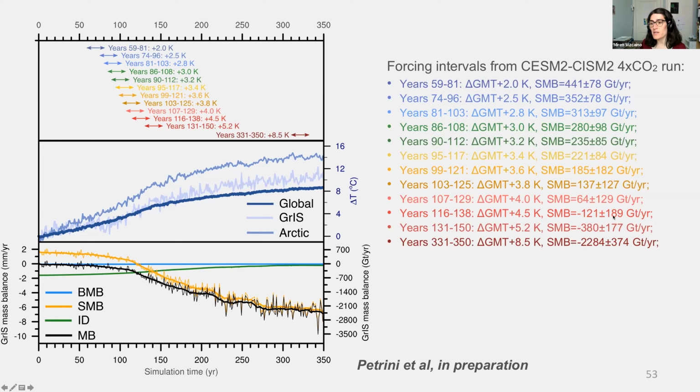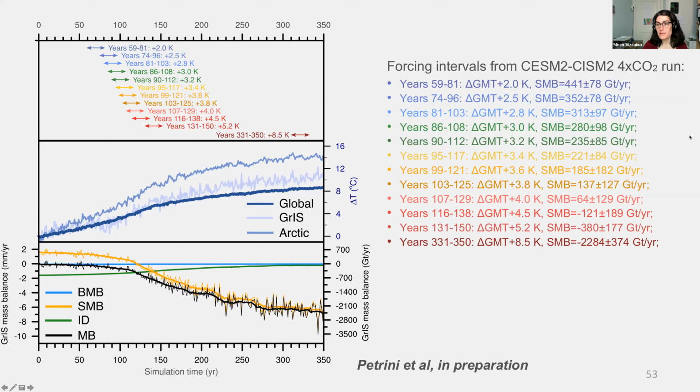And this is the standard deviation because we are taking 20 years of SMB. Okay, so what we are trying to find is for which of these simulations the ice sheet is completely gone, completely melts.